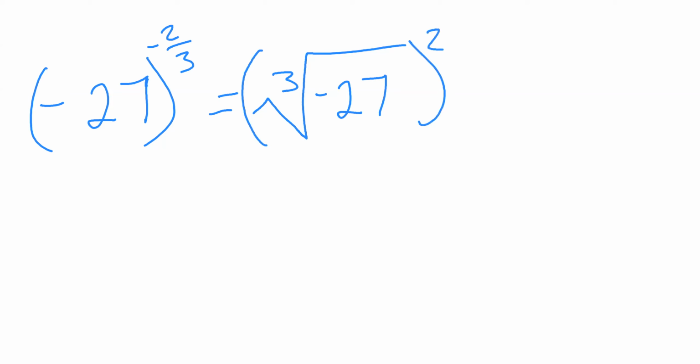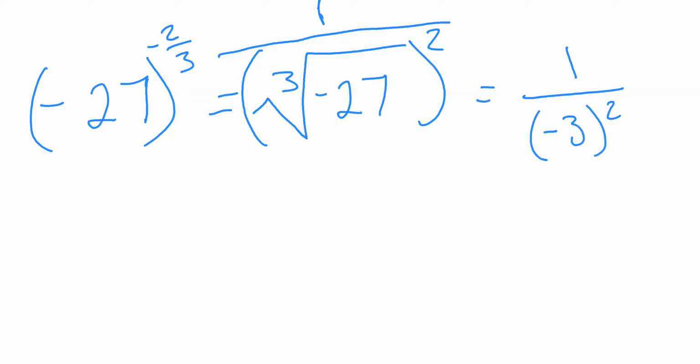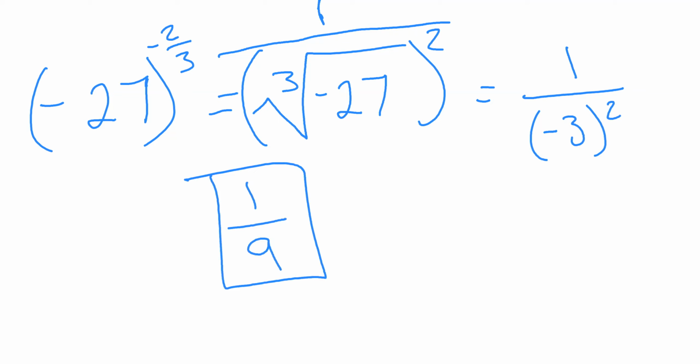And because we have the negative sign in the exponent, this entire thing is going to be under 1. So the third root of -27 is going to be -3. So we've got 1 over -3 squared, and -3 squared is +9. So we end up with 1/9. Okay. One way to look at this is 27 is 3 times 3 times 3. We are taking 2/3 of its factors. So we're taking just the 3 times 3, and we're getting our 1/9. Okay.